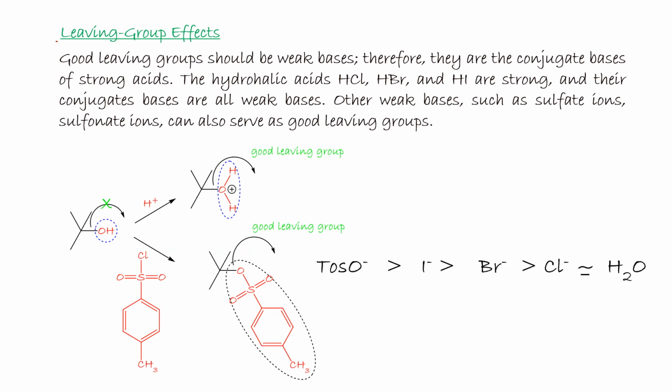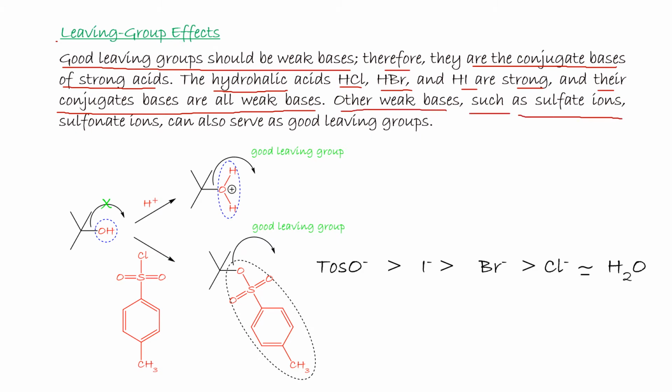Leaving group. A good leaving group should be a weak base, therefore they are the conjugate bases of strong acids. The hydrohalic acids like HCl, HBr, HI are strong acids, and their conjugate bases are all weak bases. Other weak bases such as sulfates and sulfonates can serve as good leaving groups. For example, if you have an alcohol, OH is a bad leaving group. To make it a good leaving group, we add drops of acid to transfer it to an oxonium ion.